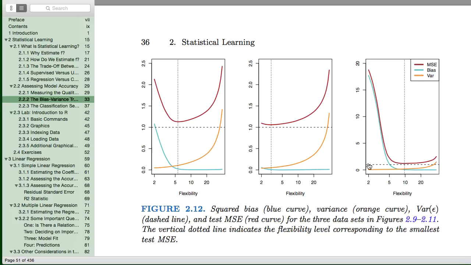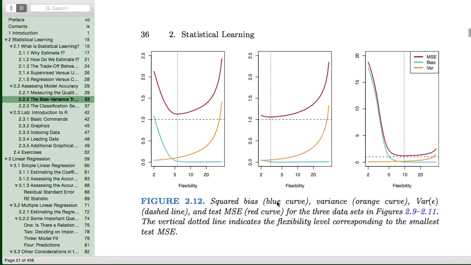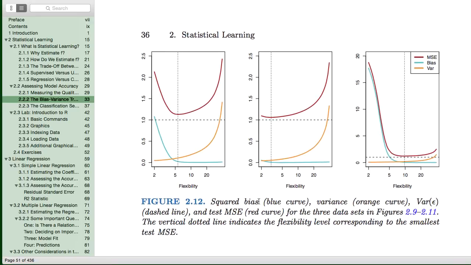The variance of epsilon was small here. That's an external thing that we can't control. If the variability of epsilon is low, then we're in good shape. We can make better predictions. It's always going to be the case that if the variance of epsilon is low, we can make better predictions. That's just a question of luck.